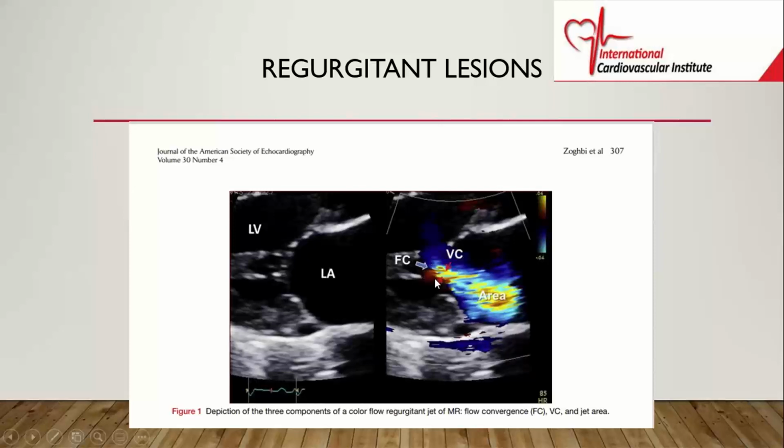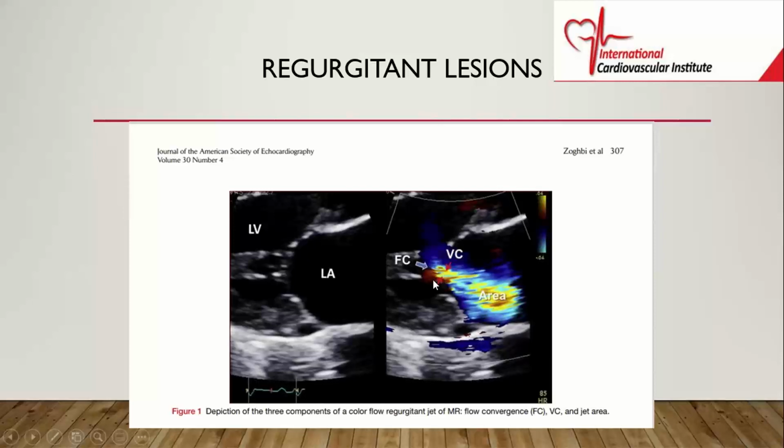So if you look at hemodynamics, any kind of fluid, if you have regurgitation, you're going to have the vena contracta, and if it's significant regurgitation, then you have a flow convergence right there. And remember, we said that the convergence is going to take the form of a hemisphere.